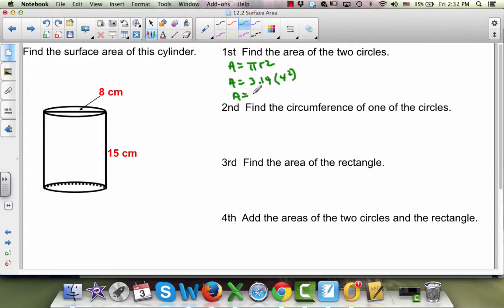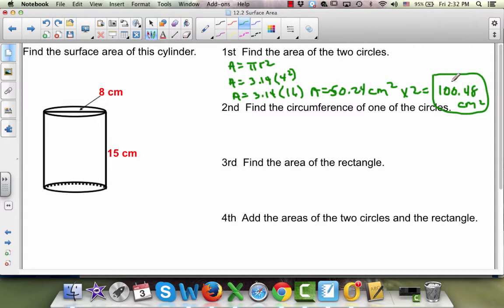Area equals 3.14 times 16, and that gives us area equals 50.24 centimeters squared. So we found the area of one of the circles. Now to get the area of both of them, we multiply it by 2, and that gives us 100.48 centimeters squared.